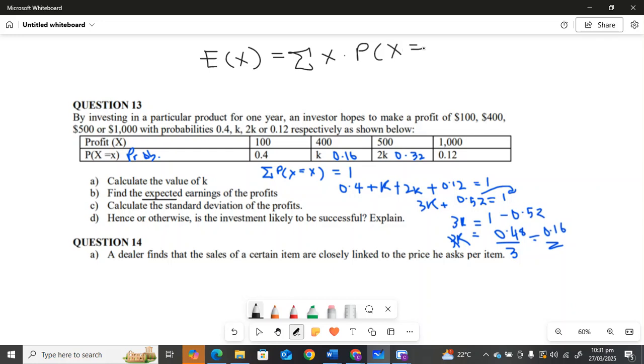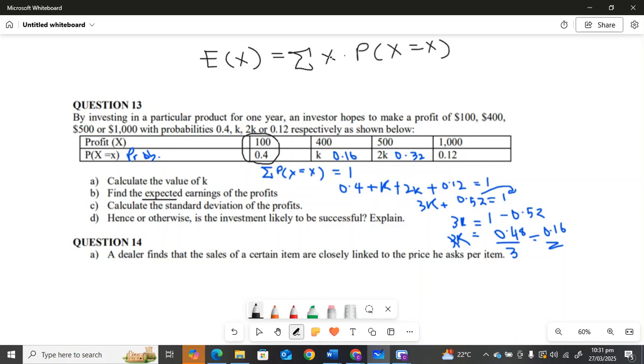So I'll interpret this Greek here. What this equation is telling us to do is each probability, we're going to multiply it with the profit. Remember X, as you can see, the profits are represented by X. So each profit, you're going to multiply it with its individual probability.